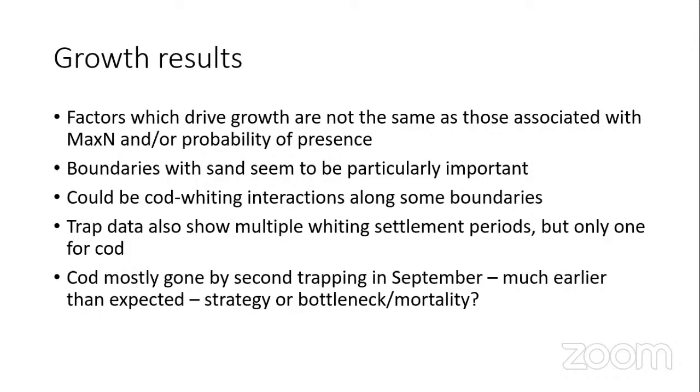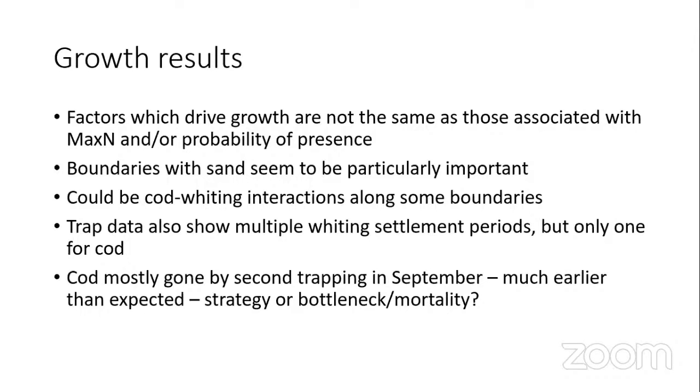So the trap data show also, which I haven't shown the figures for, multiple settlements by whiting, but only one for cod, which is to be expected based on their spawning behaviour.